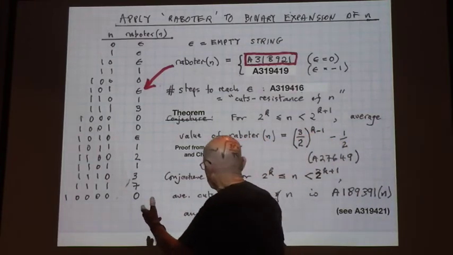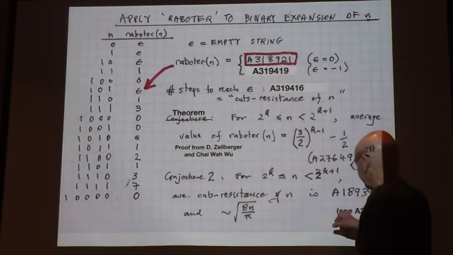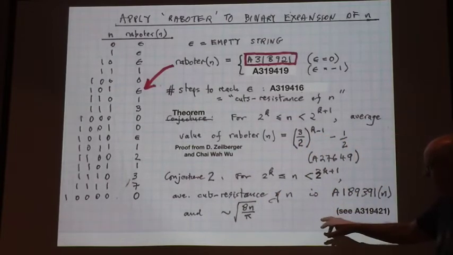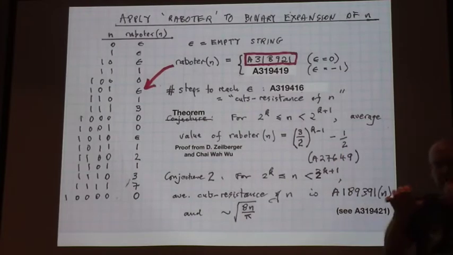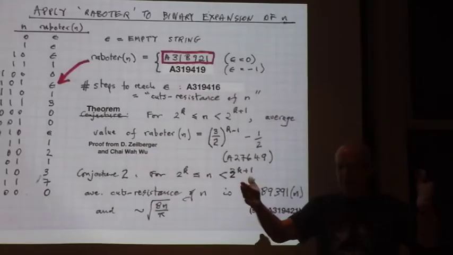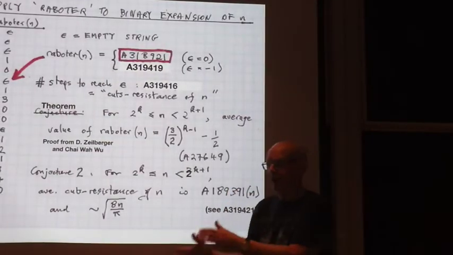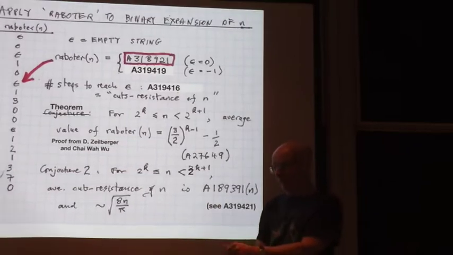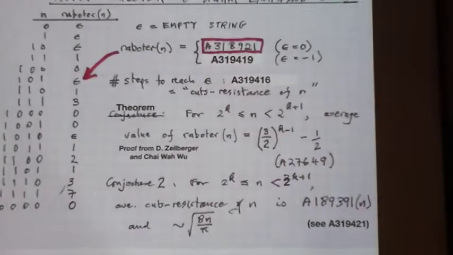So how long does the thing survive? That I called the Cutts resistance. And there's a conjecture, which is still open, that it's proportional to the square root of n. So you start off with a large binary number, you raboter it over and over again until there's nothing left. The conjecture is that that should be about the square root of n over pi.